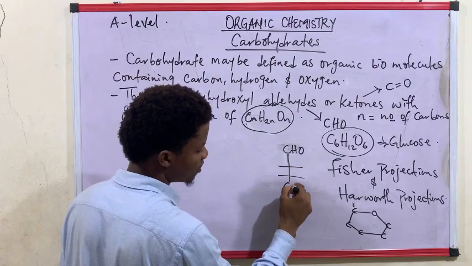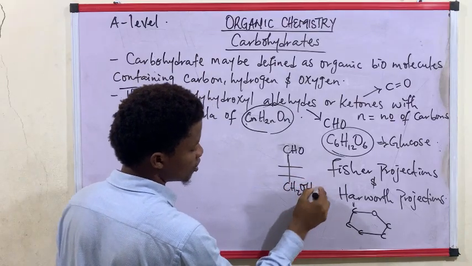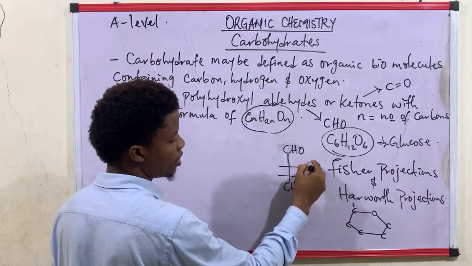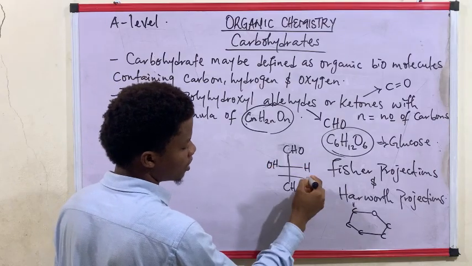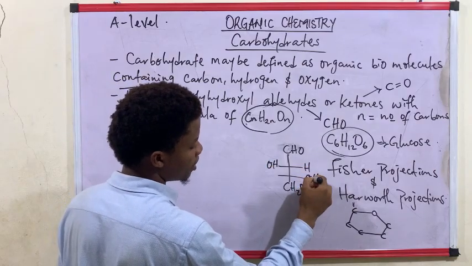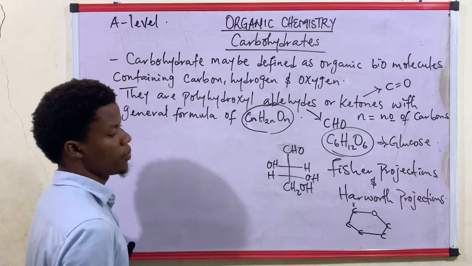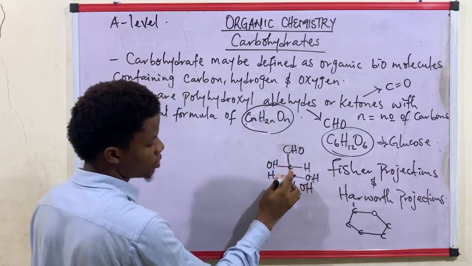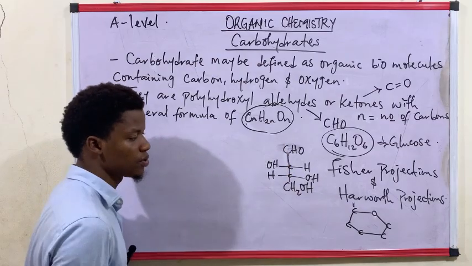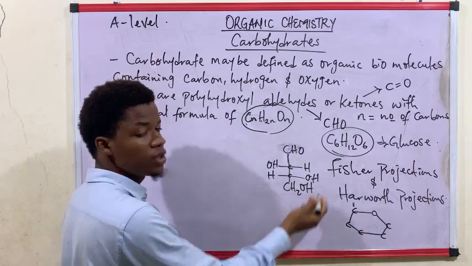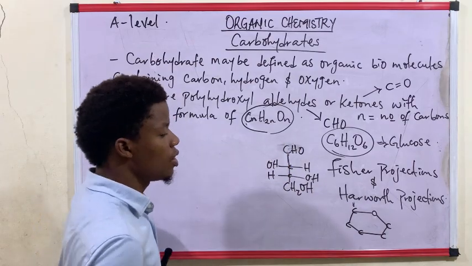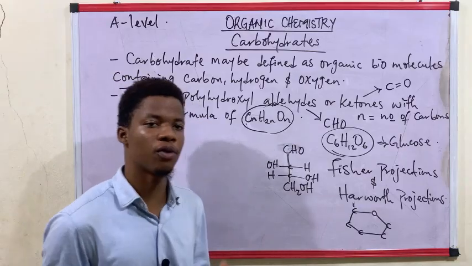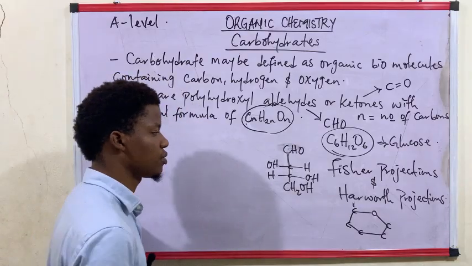So probably you have CH2OH, something like this. Then you can have H, OH, and OH, then H. These junctions are carbons, so 1, 2, 3, 4. So there are 4 carbons. This is what is called the Fischer projection. Like I said, in the course of this video, I'm going to be focusing on the Fischer projection.